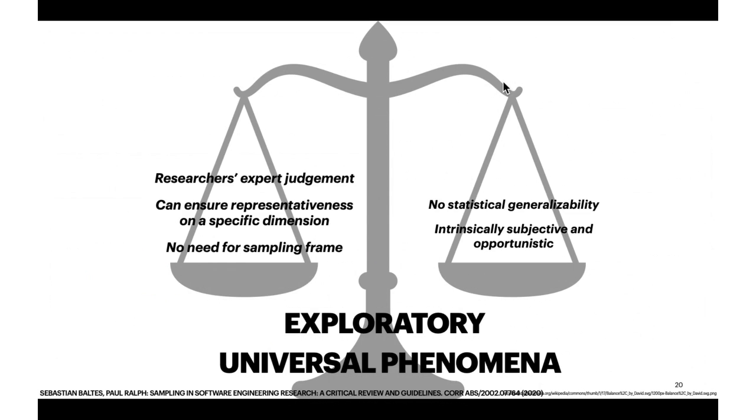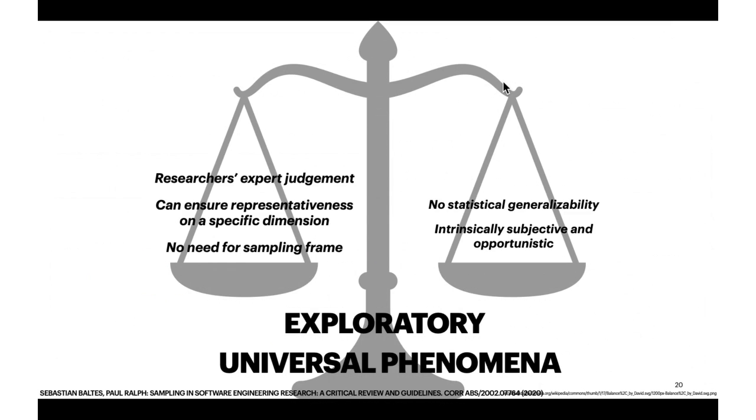And again, for purposes of sampling, we don't really need the sampling frame. We just say we select this project or this person or this group of projects or this group of people because, and then we explain why we have selected those.